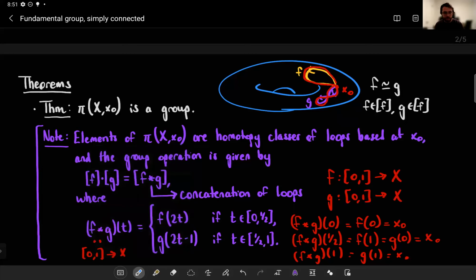Now, what can we do with that? Well, once we do that operation, we're taking these 2 representatives, f and g, of their respective equivalence classes, concatenating them, and then taking the equivalence class of that result.